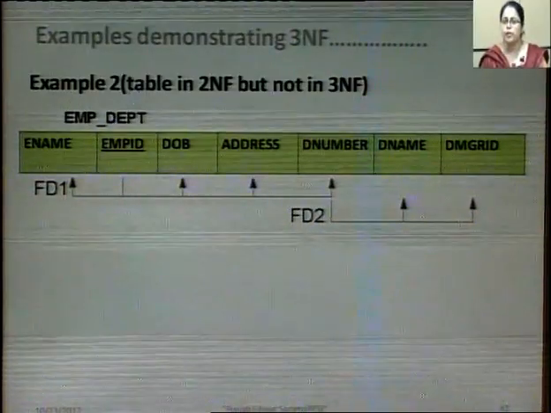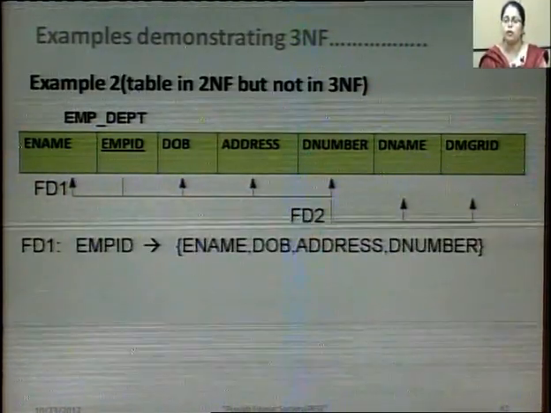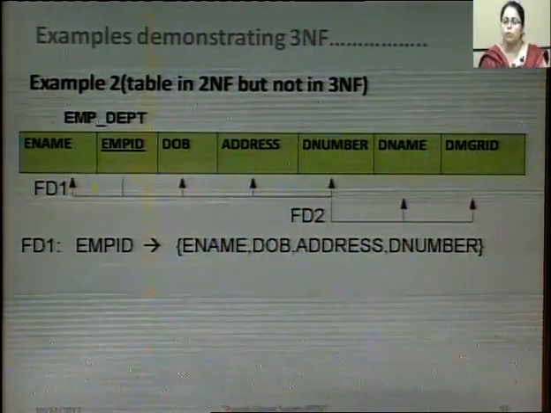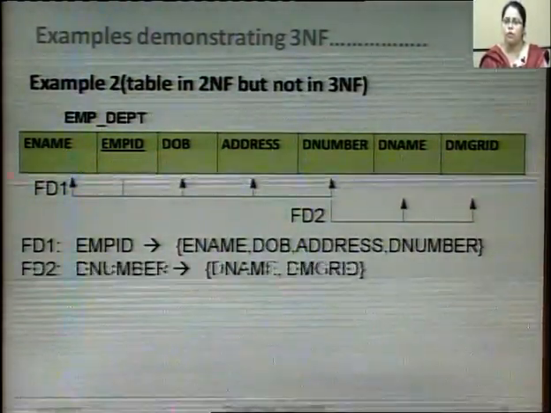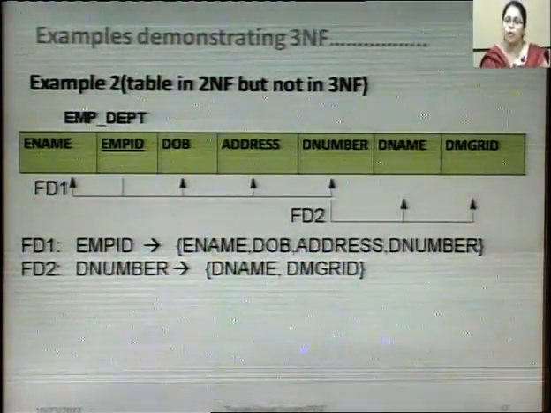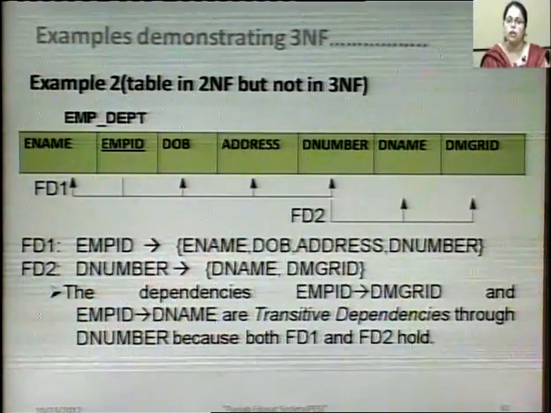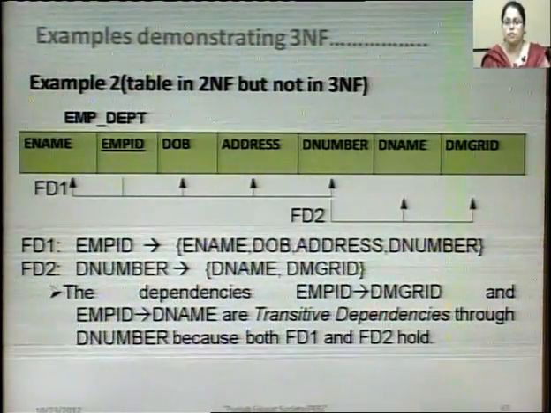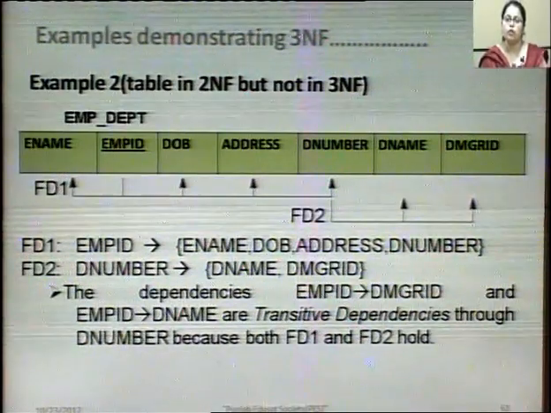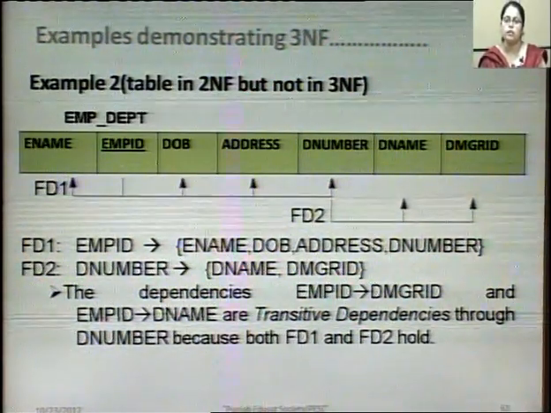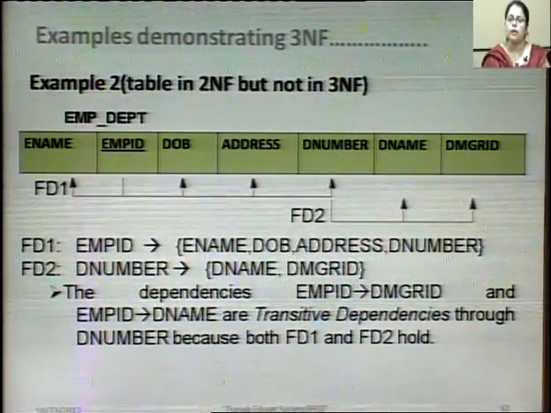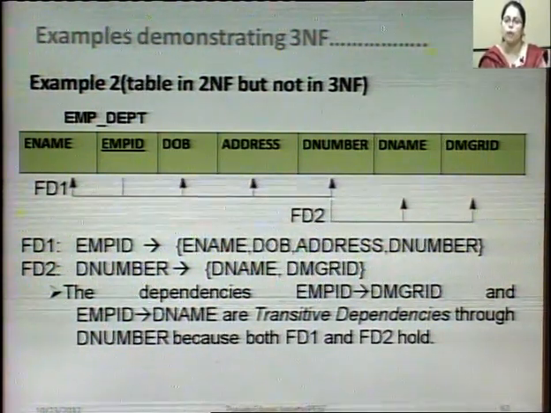Two functional dependencies which are specified here are: employee ID determining the value of employee's name, date of birth, address and department number; and department number determining the value of department name and department manager ID. Now the dependencies which are transitive here are employee ID determines the value of manager ID and employee ID determines the value of department name, and these two dependencies are transitive through the attribute department number.